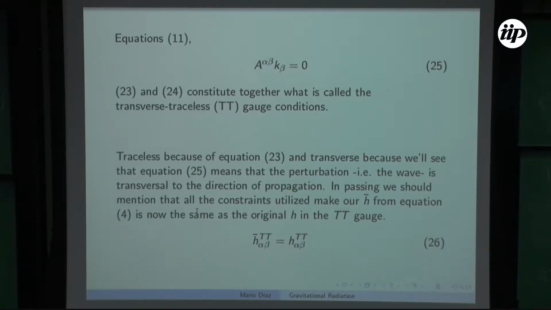But I'm going to leave that for tomorrow. So now we're doing classical general relativity, and it's clearly transversal to the direction of propagation.